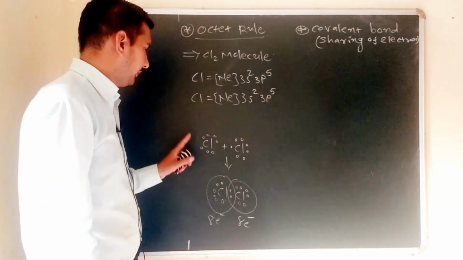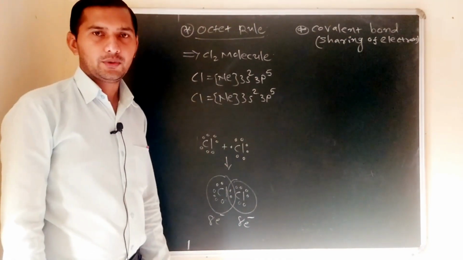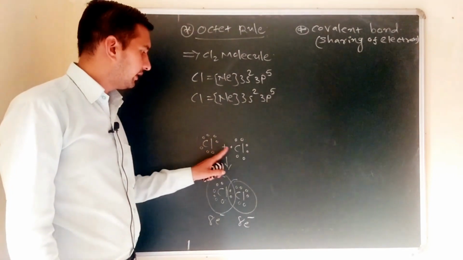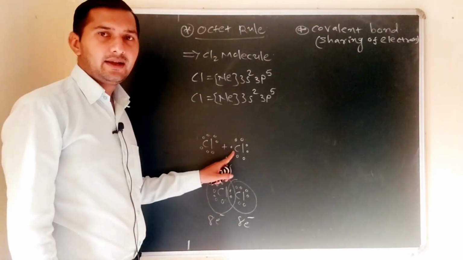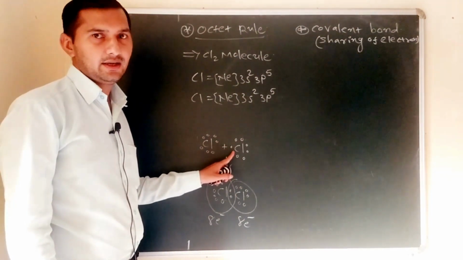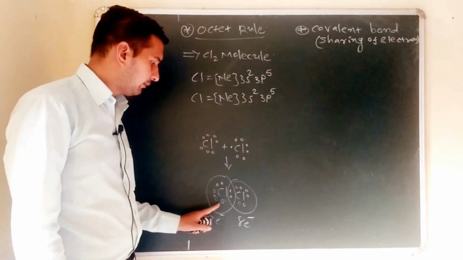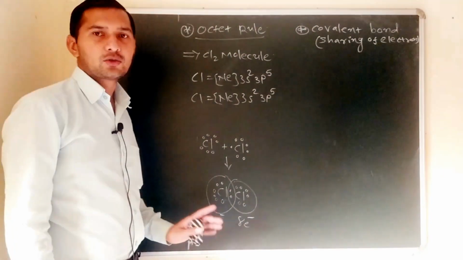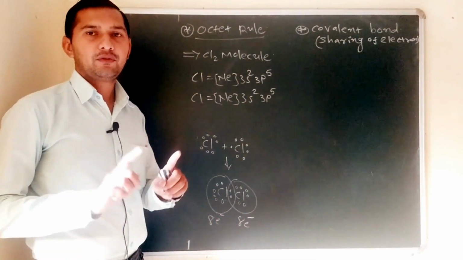Understand this with the example of the Cl2 molecule. Here a chlorine atom shares one valence electron with another chlorine atom, and the second chlorine atom also shares its valence electron and forms a stable Cl2 molecule. So this is known as a covalent bond. A covalent bond means sharing of electrons.